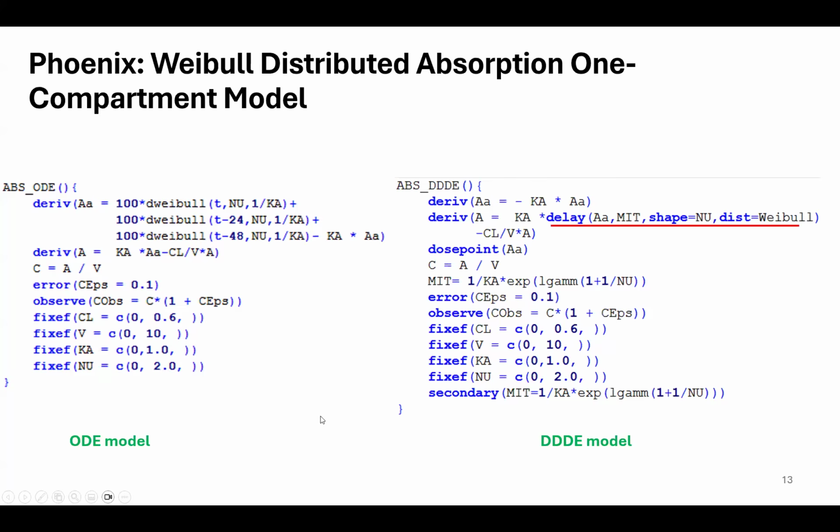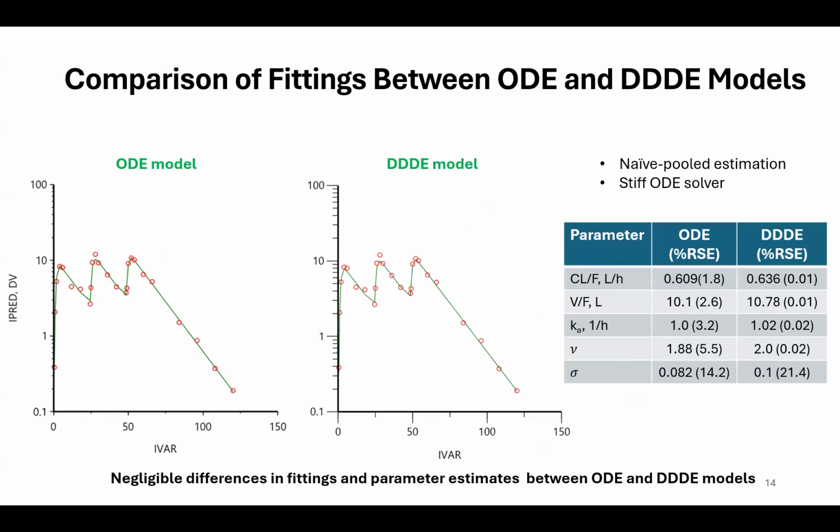So I fitted both models to the data, and as you can see, the fitted curves are almost identical. They are hardly different numerically, which I checked. Actually, they differ by a second or third digit. The reason is that the estimates of the parameters coming from the ODE and DDE models are very close to each other, which they should be, as long as these models are mathematically equivalent.